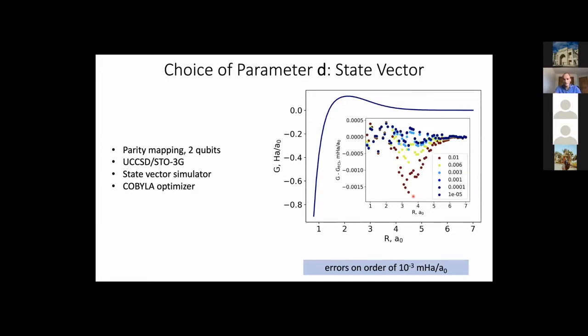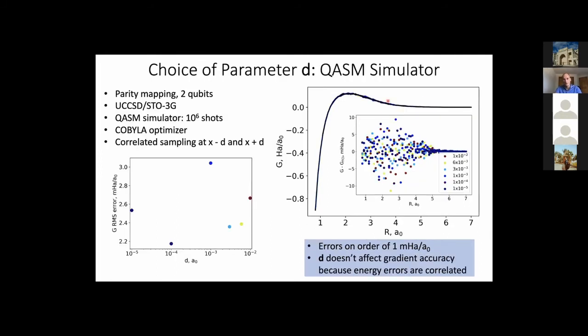And as you can see, the errors are on the order of 10 to the minus 3 millihartree per Bohr, and it is worse for larger d, but it is still quite a small number compared to what we get when we do a QASM simulator, when we add stochastic noise. And here the error jumps by 3 orders of magnitude.